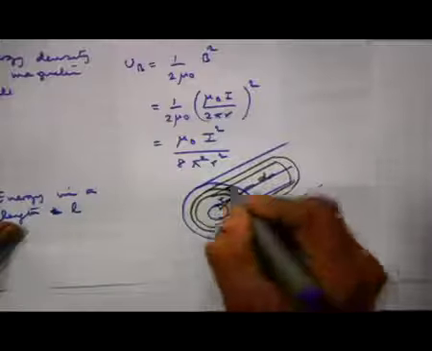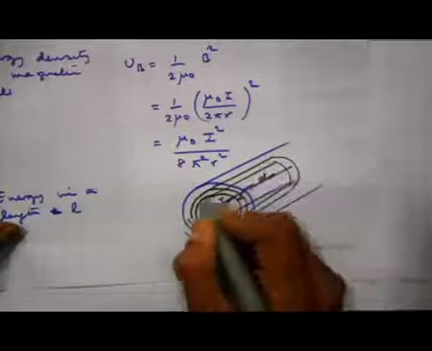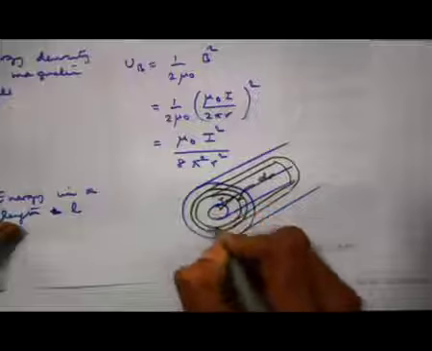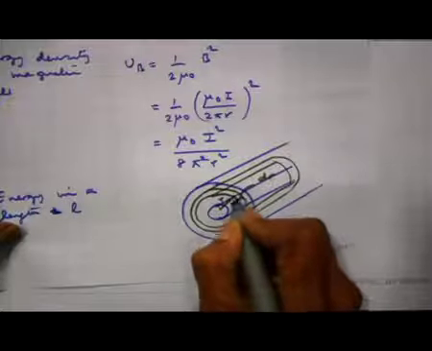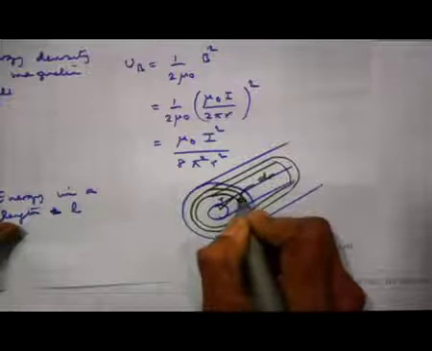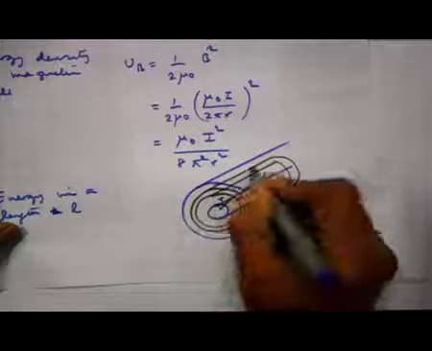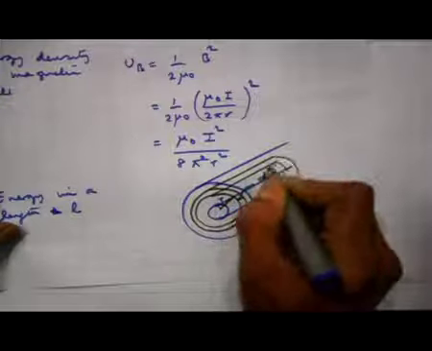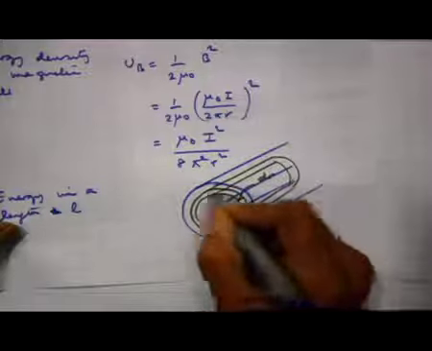So, what is the elementary volume? It is the area of this multiplied by the length. The area of this is the circumference multiplied by the thickness, 2 pi r dr, and multiplied by the length of the cylinder gives me the volume of this thin cylinder.